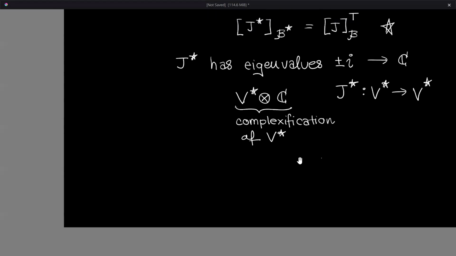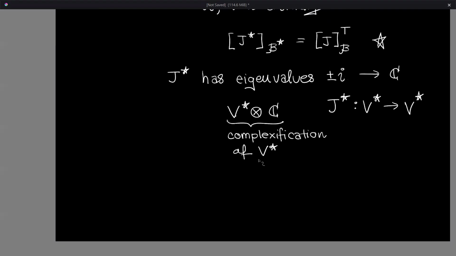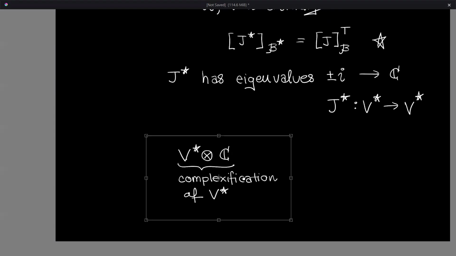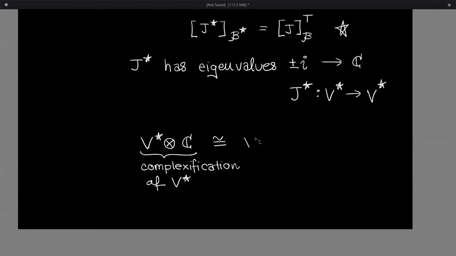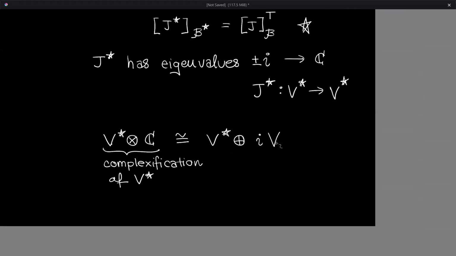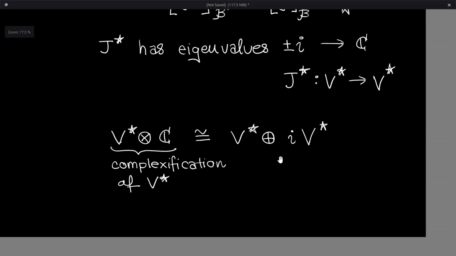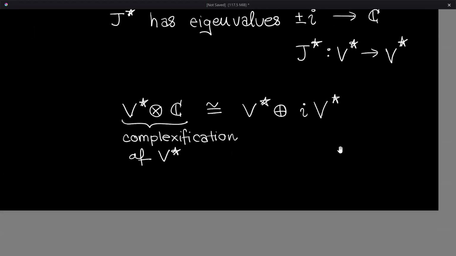This is isomorphic to V star plus I V star. I'm not sure if this notation is exactly kosher, but I've seen some people write it this way.